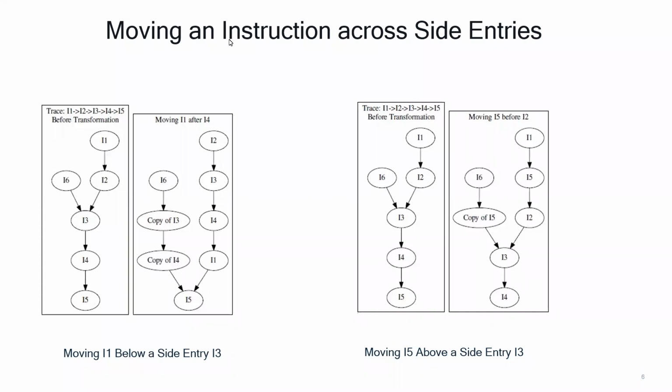If we want to move I1 after I4, and we are following the trace, then that's fine. But what if we enter I3 through I6? What will happen if we do that? So we will be executing I1 unnecessarily, right? Is it clear?